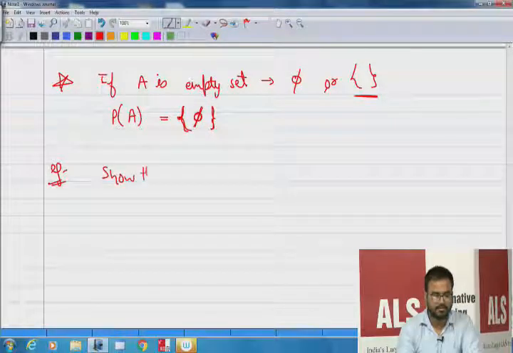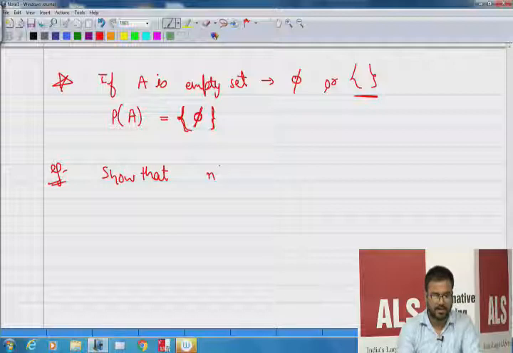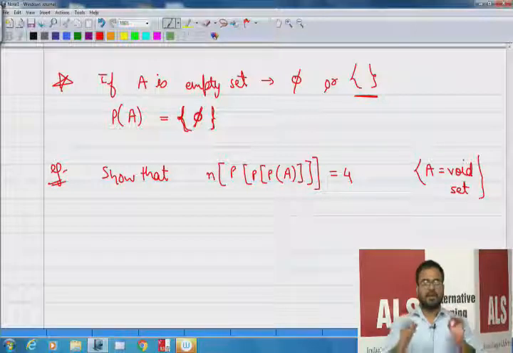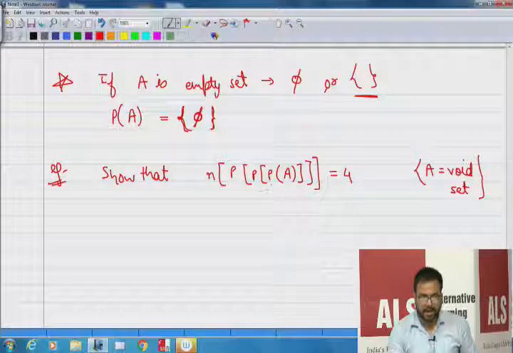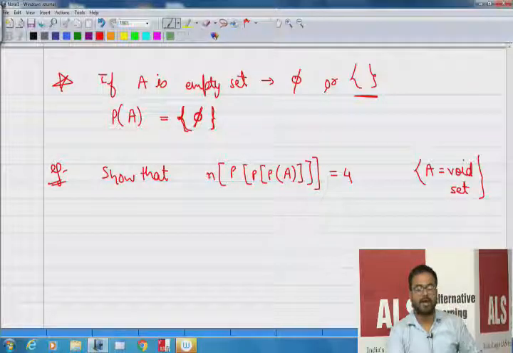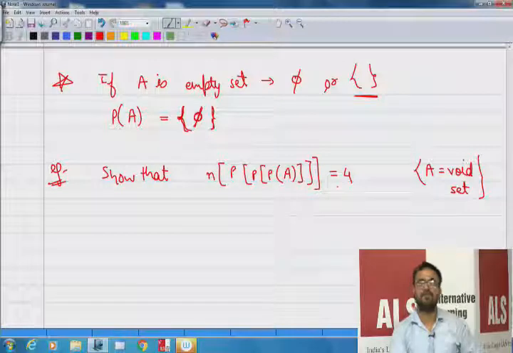Show that the power set applied n times, meaning power set of A, then again the power set of that, and again the power set of that, where n indicates the number of elements, the cardinality. The number of elements in this situation is going to be 4, that you have to show.